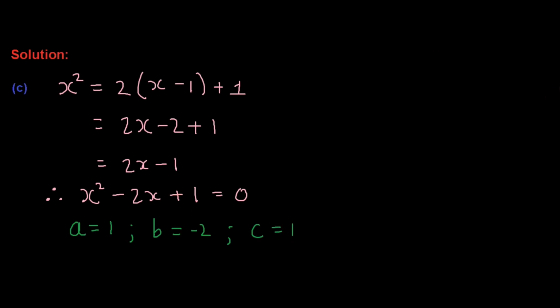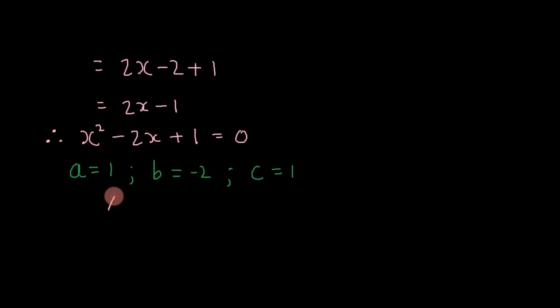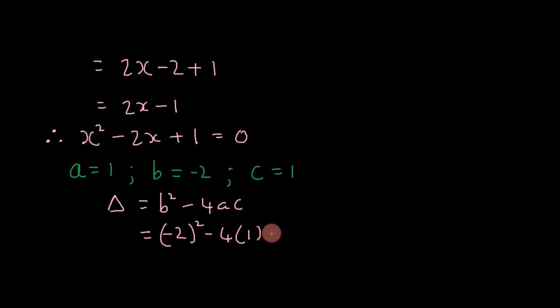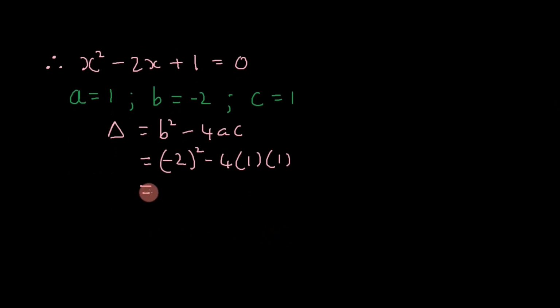So then finding delta, it's going to be negative 2 squared minus 4 times 1 times 1. And this, of course, is 4 minus 4, which is 0.